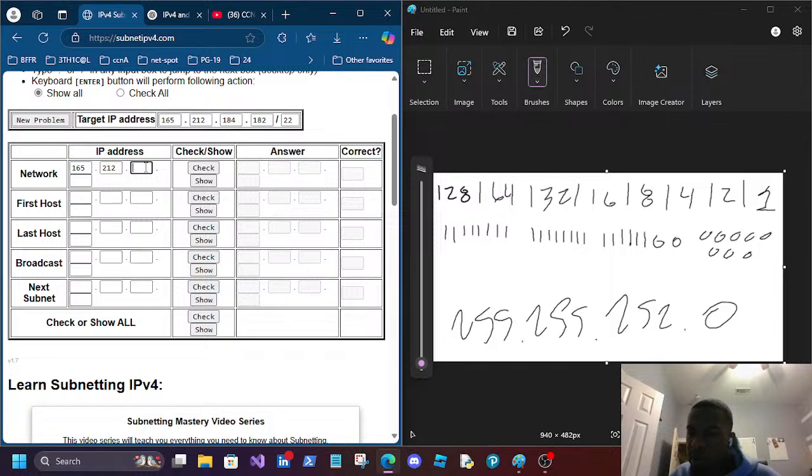The maximum number of hosts you could have, right? Because that's the max. But that's the maximum number. 252. I don't know why I'm thinking this.